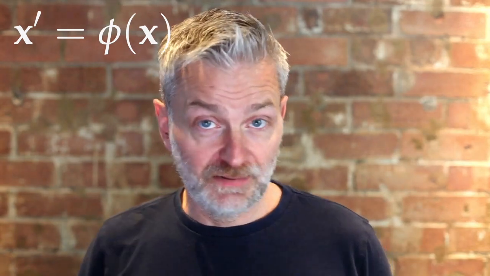If we have some basis expansion phi, where phi is a transform that turns any input vector x into the x in the expanded space, x prime. So it might consist of a whole bunch of different functions, one for each of the expanded dimensions.